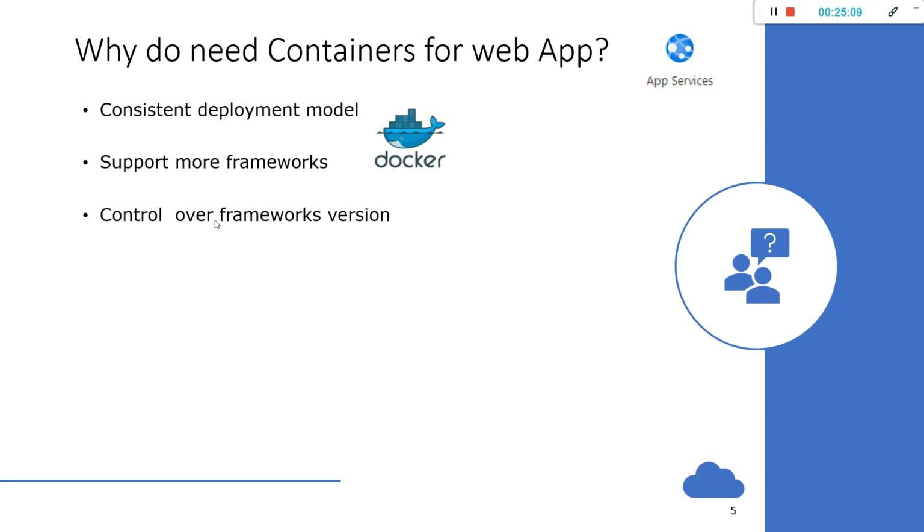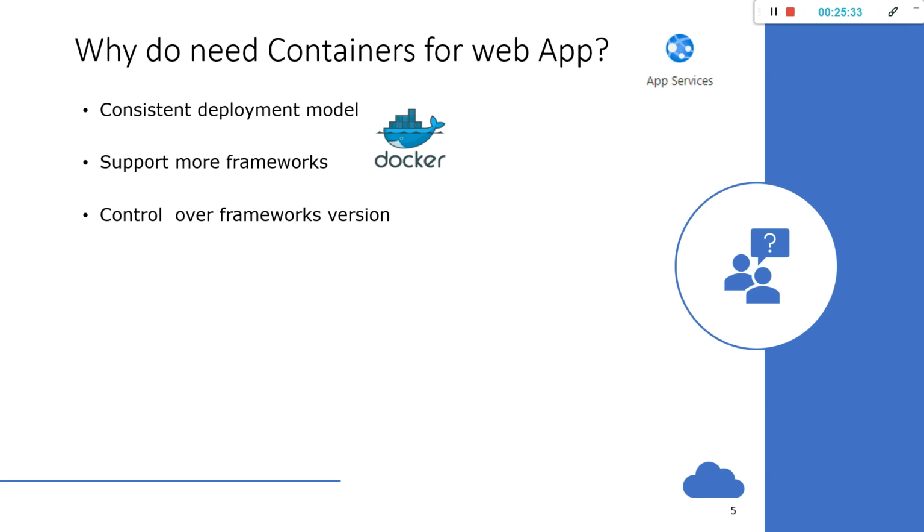That's it. And then, control for the framework version. Suppose our application is running on a specific runtime, a particular Node.js version, a particular .NET Core version, or .NET Framework 4.5. Then we need to maintain that.